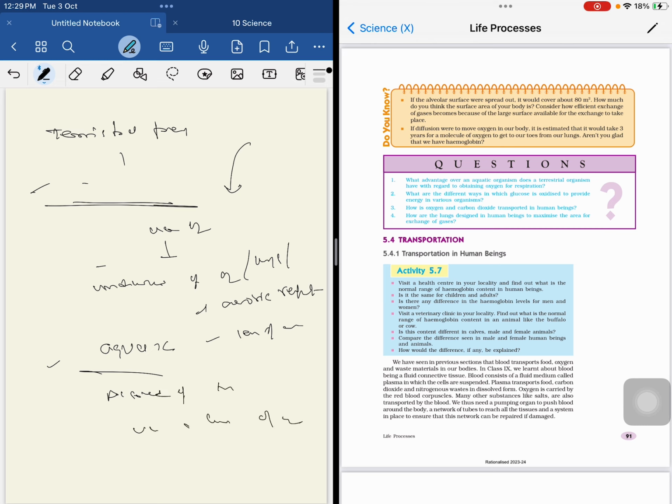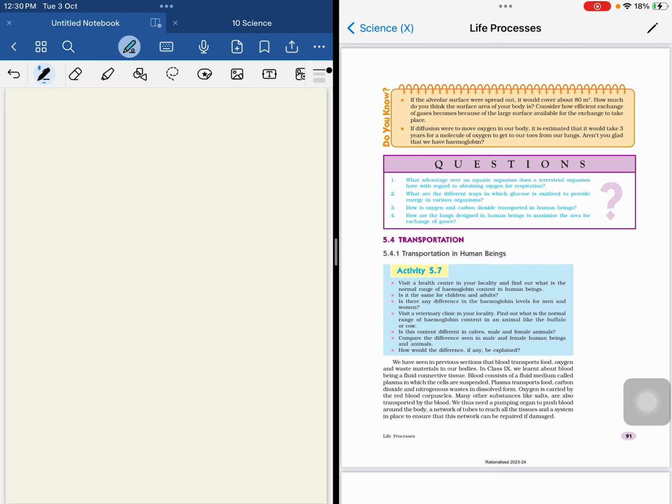The next question: what are the different ways in which glucose is oxidized to pyruvate? We have said already, in the presence of oxygen, it means aerobic respiration, glucose is broken down through pyruvate into carbon dioxide plus energy.